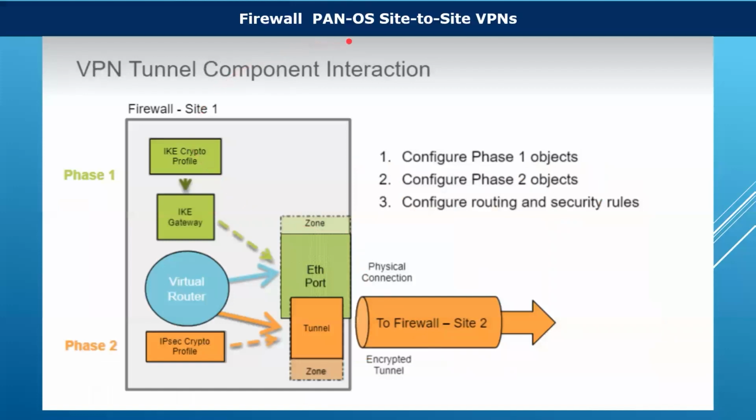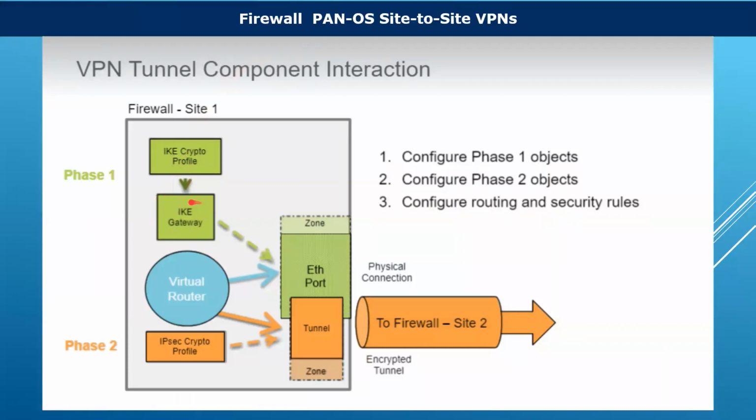So guys, you can see here, this one is the roadmap and packet flow, how we have to configure. First of all, this IKE crypto profile. In this IKE crypto profile, we will set our algorithm, whatever algorithm you are going to use to encrypt and decrypt the data. Okay.